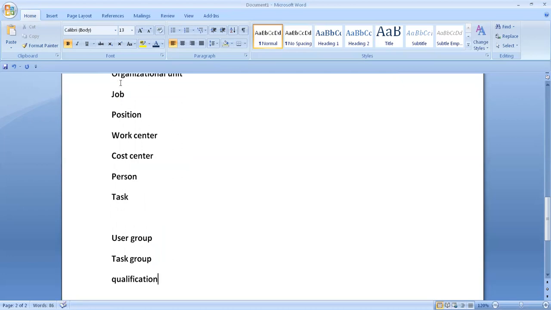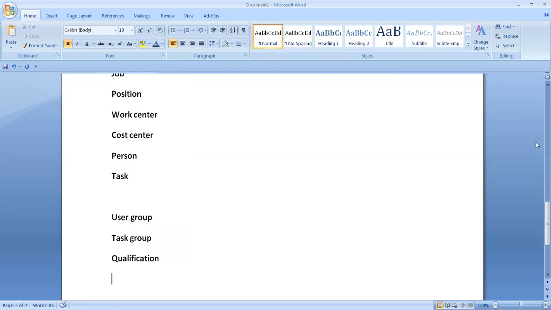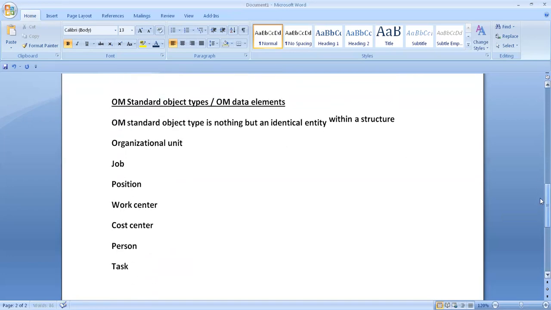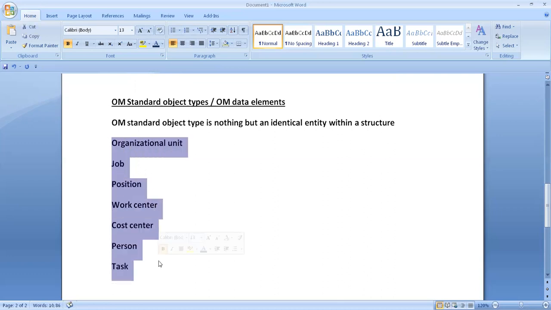These can also be object types, but the most prominent standard object types are these, which are almost always used.